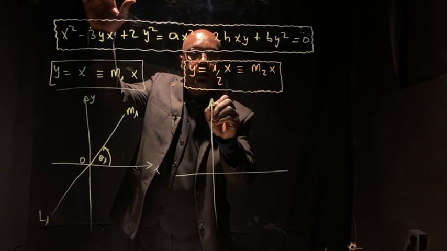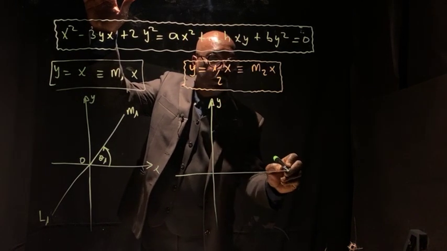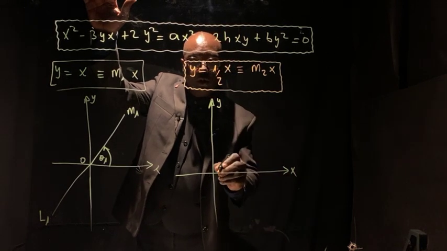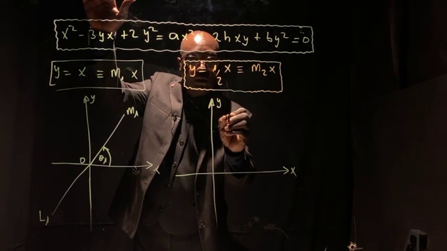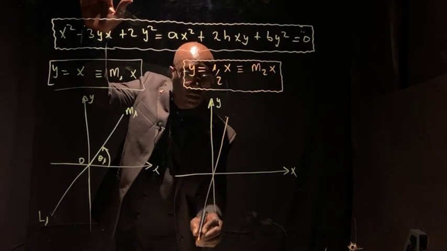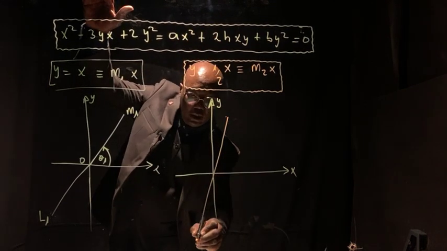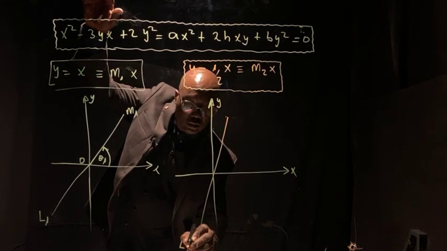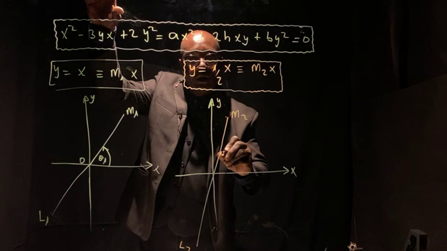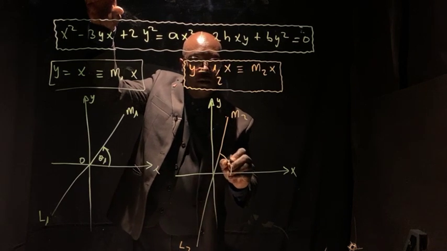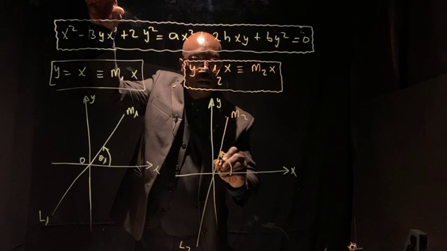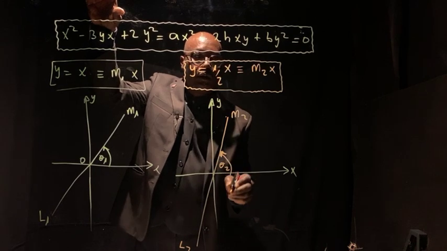This is the y-axis and this is the x-axis. And that one will be line L2, whose gradient is m2 and has an angle theta 2.